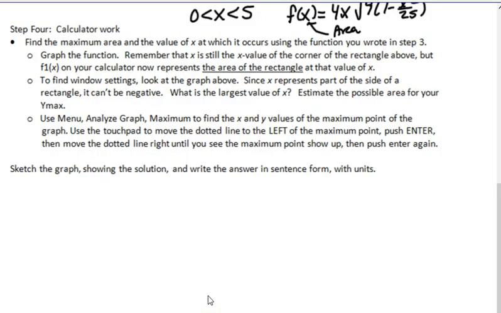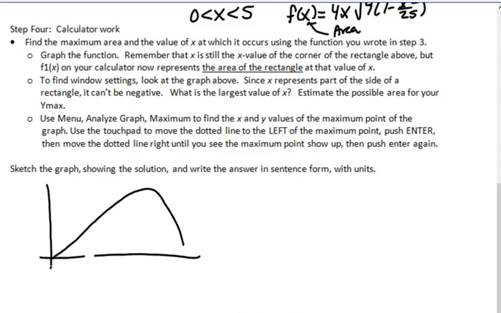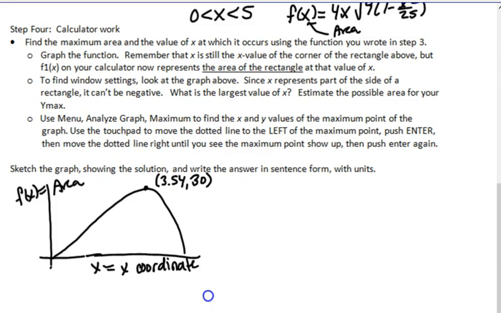So sketch the graph. Here we go, kind of looks like that. This is the point 3.54, 30. Now realize that this is the graph where f of x represents the area and x is just the x coordinate on the corner of that rectangle.